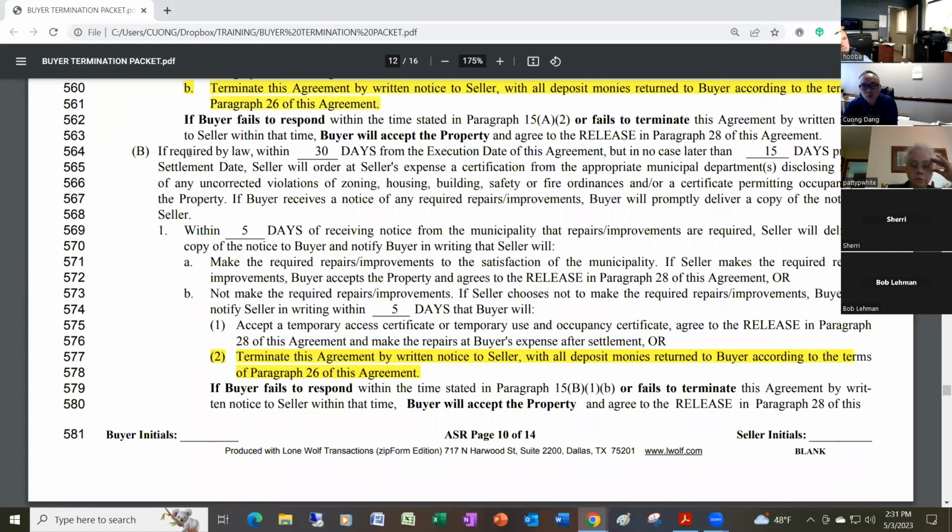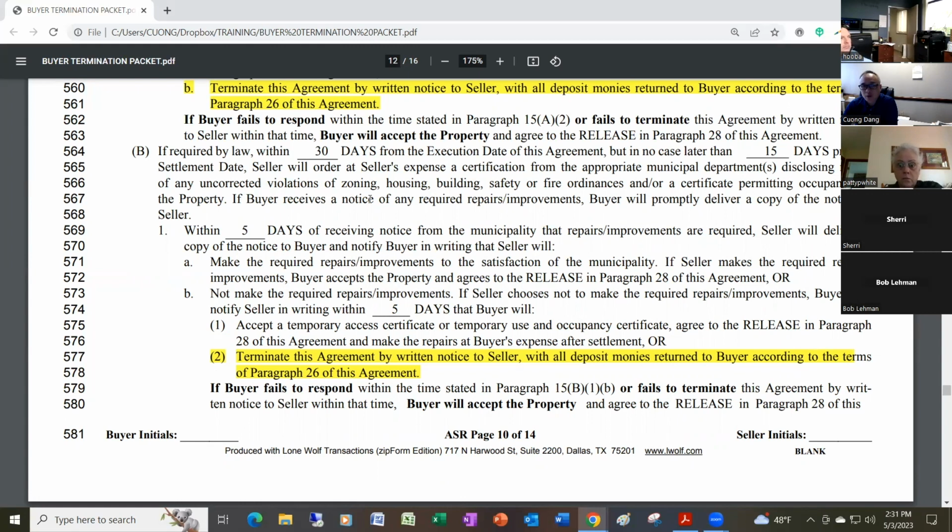Capital letter B, if required by law within 30 days from the execution date of this agreement, but in no case later than 15 days prior to settlement date, seller will order at seller's expense a certification from the appropriate municipal department disclosing notice of any uncorrected violations of zoning, housing, building, safety, or fire ordinances, and or a certificate permitting occupancy of the property.